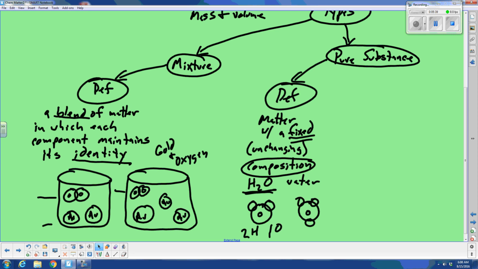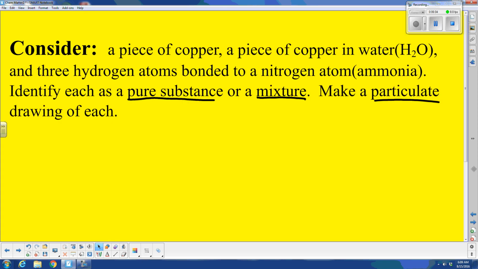Here, I have 1 oxygen and 3 golds. So the basic idea here is that in a mixture, it is not a fixed composition. Its composition can change, and so that's how we distinguish between them. All right? Good. Did we answer our question yet? Well, no, we need to what?